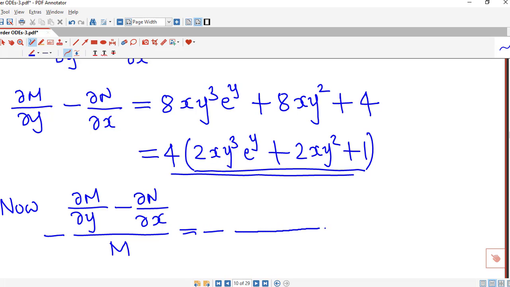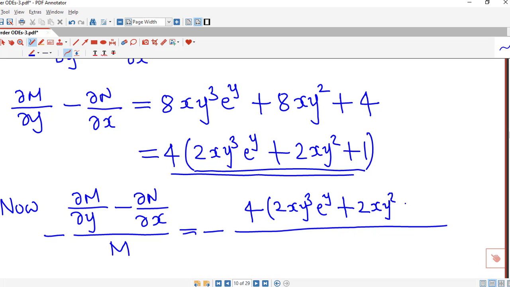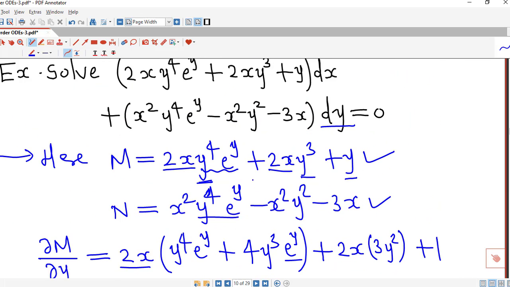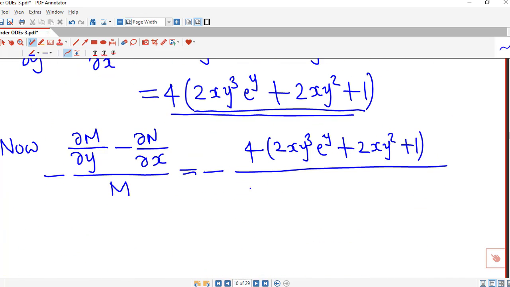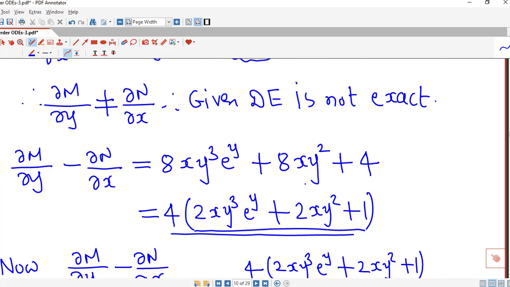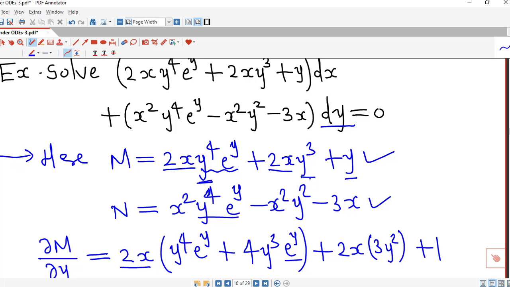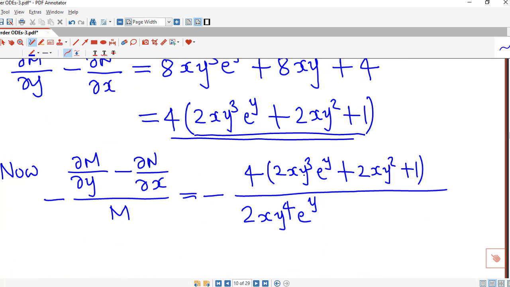So first we write down this quantity, 4 times 2x y cube e raised to y plus 2x y square plus 1, and in the division capital M, which is 2x y raised to 4 e raised to y plus 2xy cube plus y.